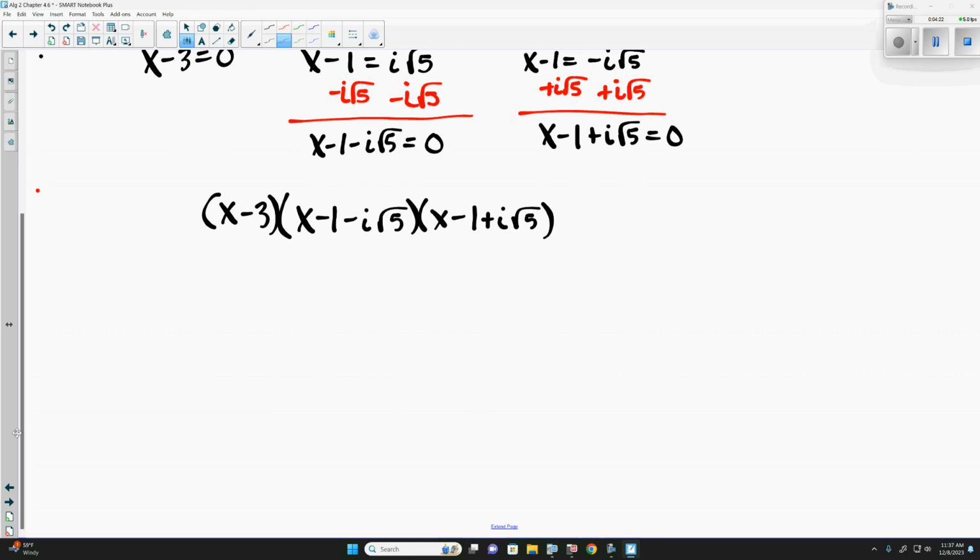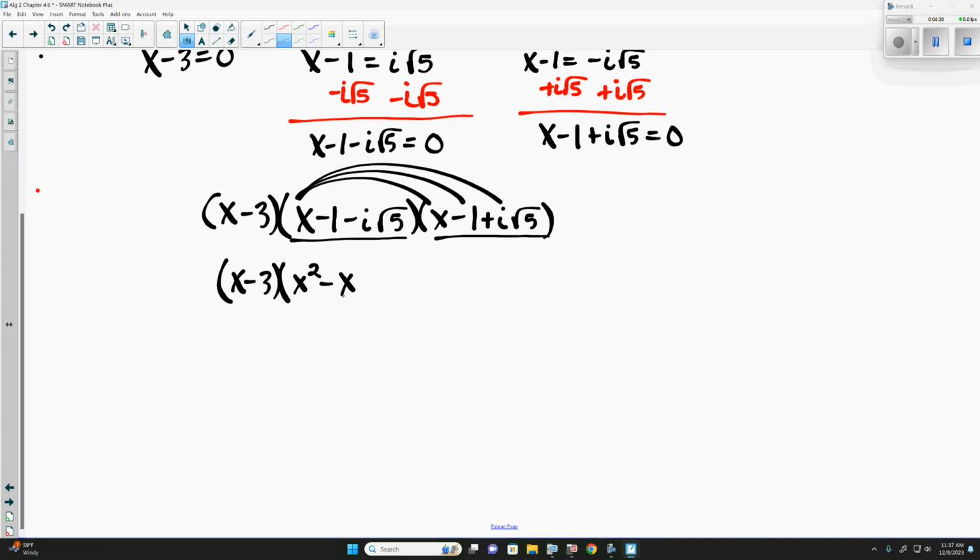At this point here, we're just going to multiply our two terms with i and square root first. The distributing property with x, multiplying through by x, is kind of nice. X times x is x squared. X times negative 1 is negative x. X times i square root of 5 is x i square root of 5.